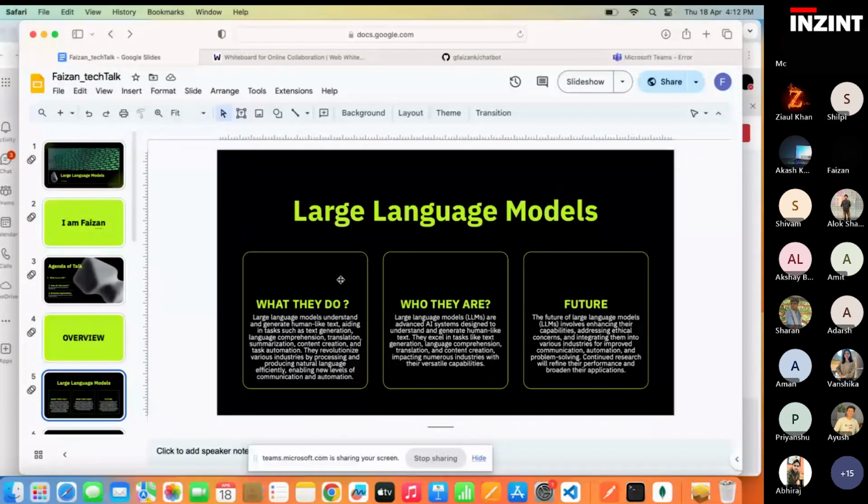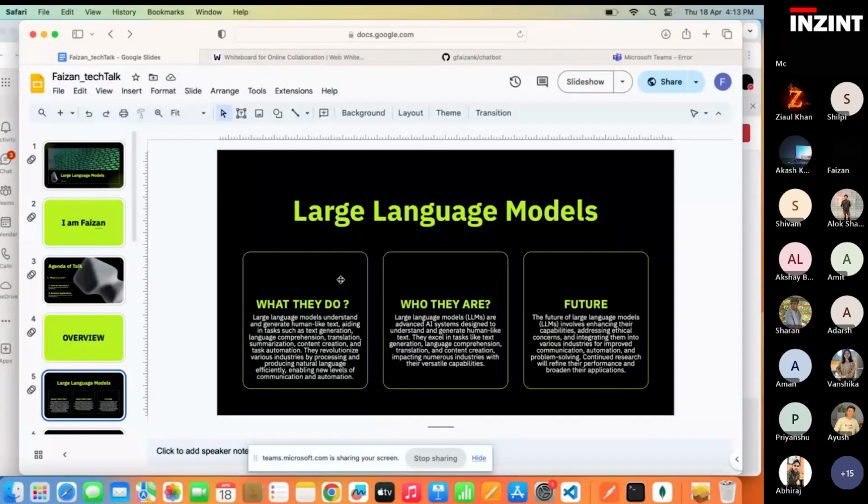Large language models are basically meant to make our work easier. The work might be anything: coding, graphic designing, video editing, and a lot of things. And as the versions of GPT and other LLMs progress, a lot of new features are being added to them.